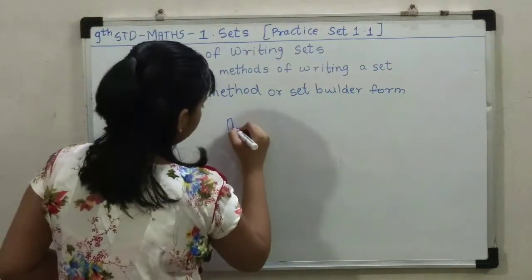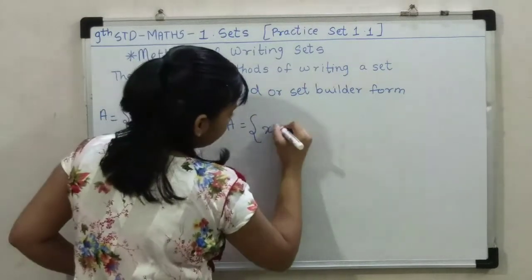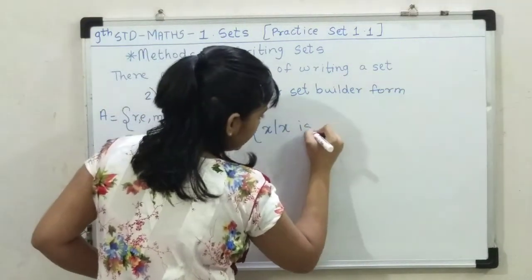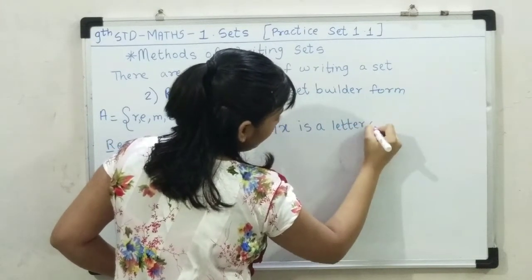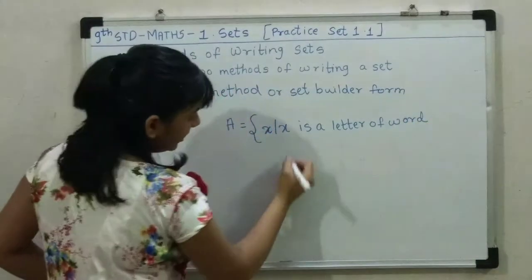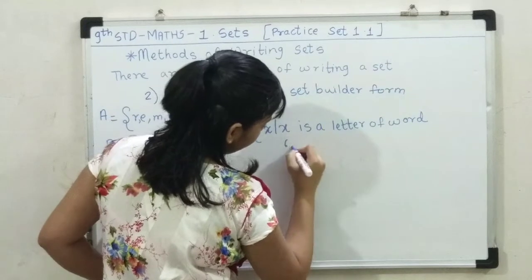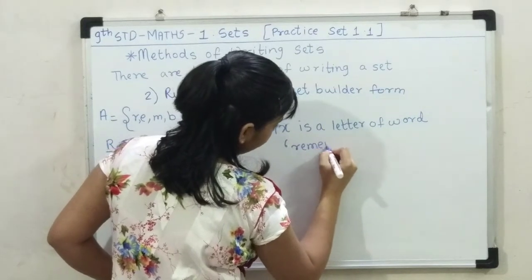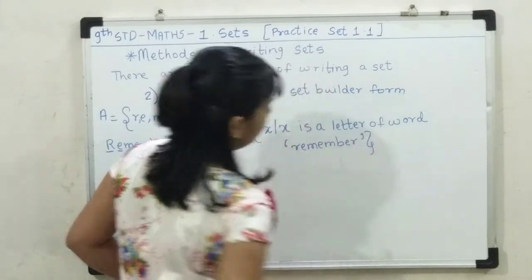A is equals to X such that X is a letter of the word remember, and close the curly bracket.